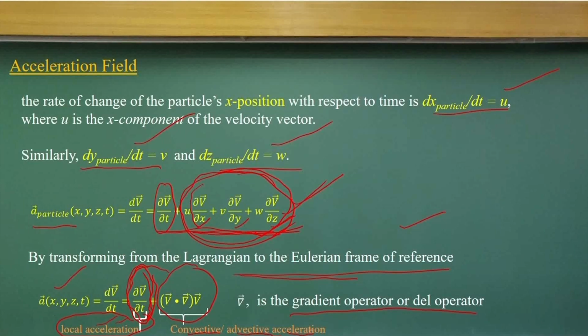So, there are two components, the local acceleration component and the convective acceleration component. In vector form, we can represent them in a very simple way.